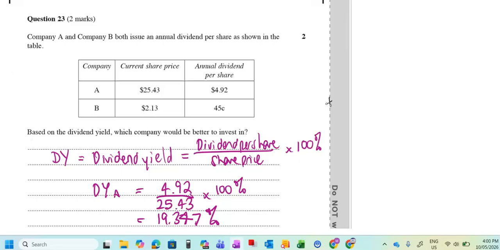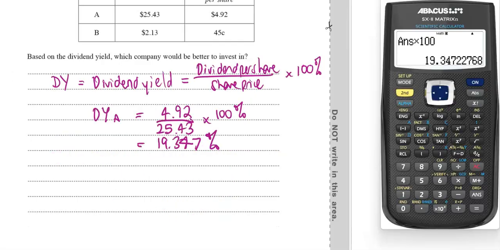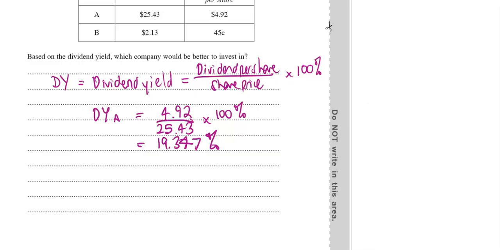Let's now compare that to the dividend for B. Okay, so the dividend yield for B equals 0.45 divided by 2.13 times 100%.